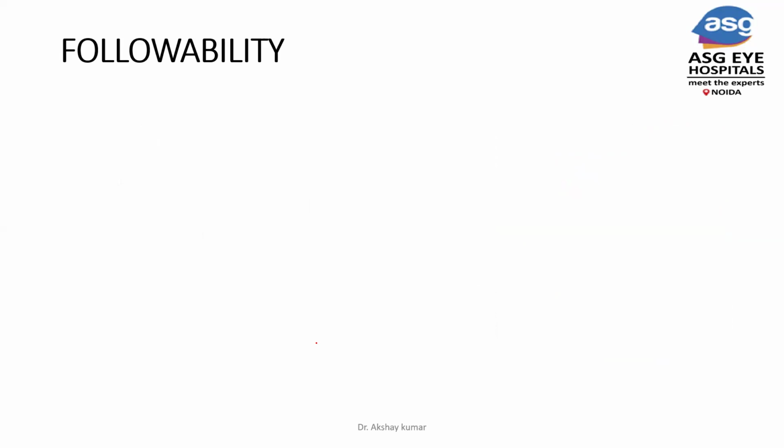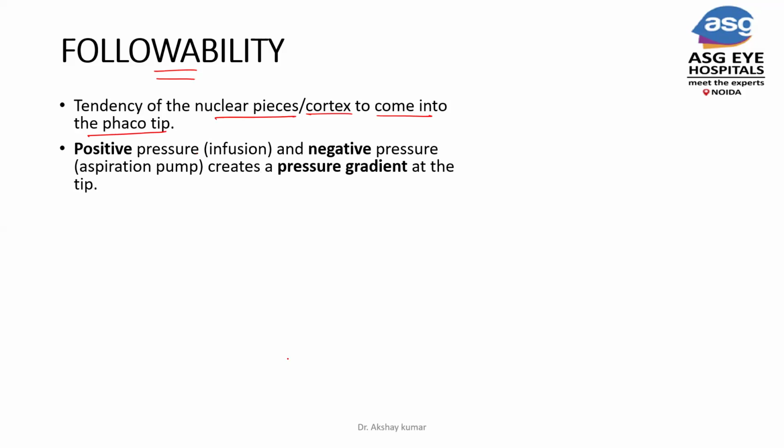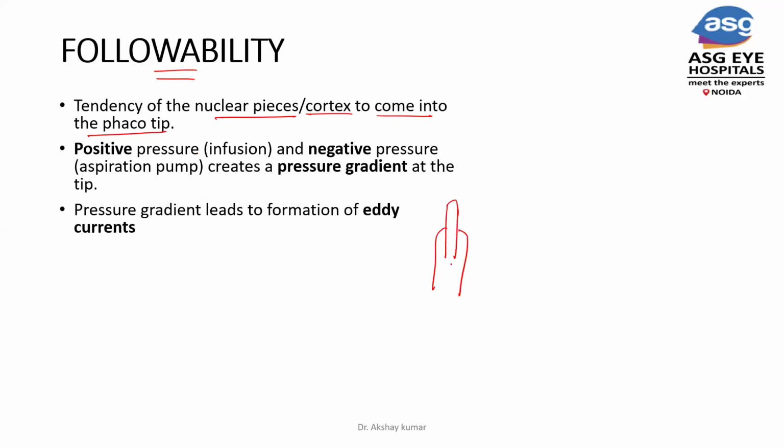Now the basic few terms, followability. Followability is the tendency of the nuclear pieces of the cortex to come into the phaco tip. So the positive pressure and negative pressure: suppose this is a phaco tip. There is a positive pressure from the irrigation sleeve, and this is the aspiration.